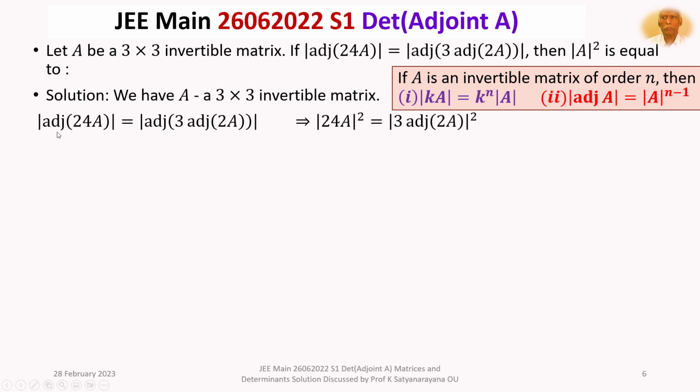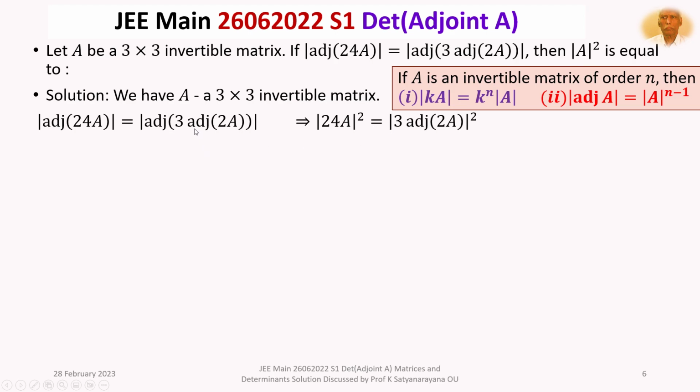Determinant of adjoint of 24A is equal to determinant of adjoint of 3 times adjoint of 2A. First we use the adjoint of a matrix: determinant of adjoint of A is equal to determinant of A to the power of n minus 1. Therefore, determinant of 24A to the power of 3 minus 1, that is square.